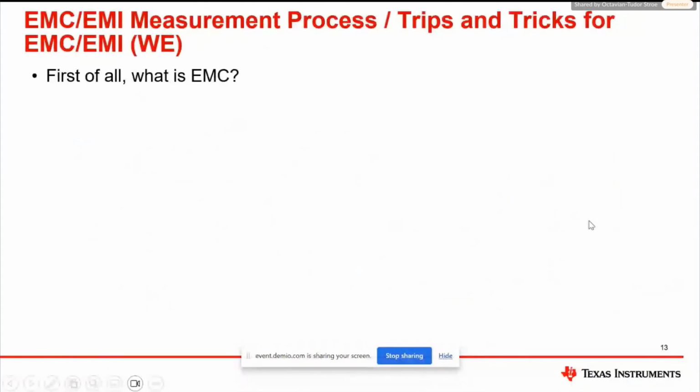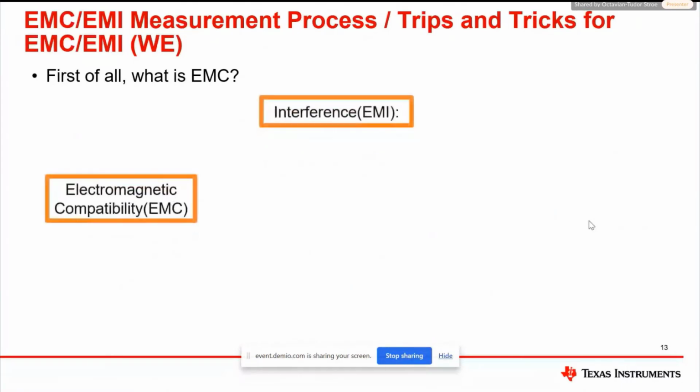Now, let's move forward. We talked about this term EMC, but first of all, what actually is EMC? Sometimes we hear EMC and EMI as interchangeable terms, but this is wrong, because the concept of EMC, or electromagnetic compatibility, is the ability of a product, electrical equipment or system to function acceptably in its electromagnetic environment, by both limiting interference on other devices and being able to function properly when exposed to electromagnetic interference.